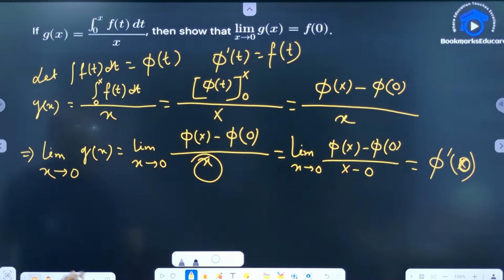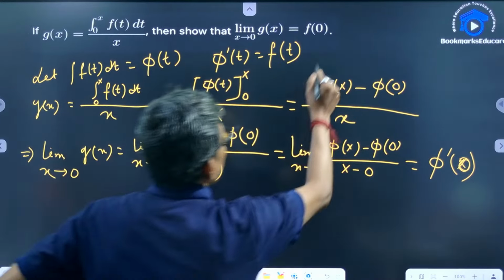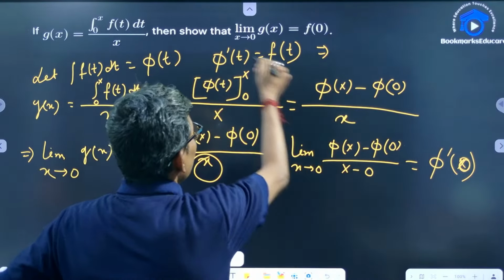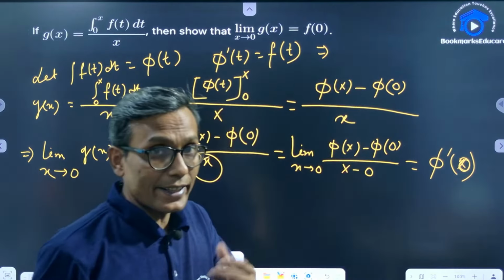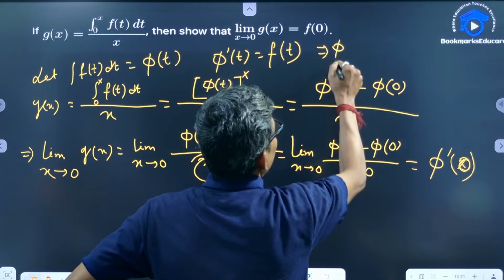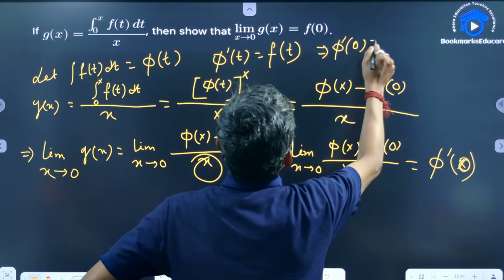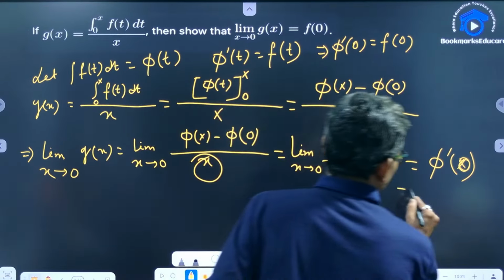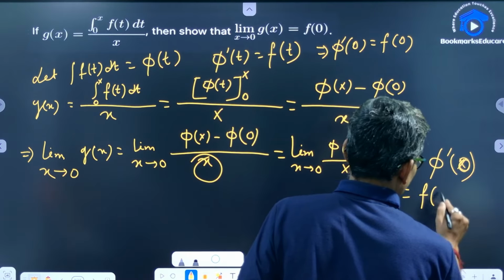So now if we put 0 instead of t over here, what will we get? We will get phi dash 0 is equal to f of 0. So phi dash 0 means f of 0.